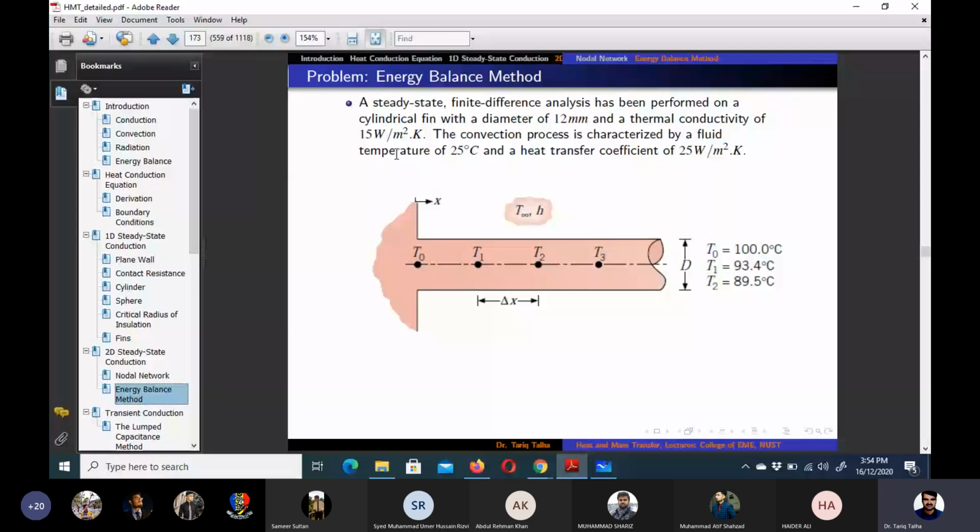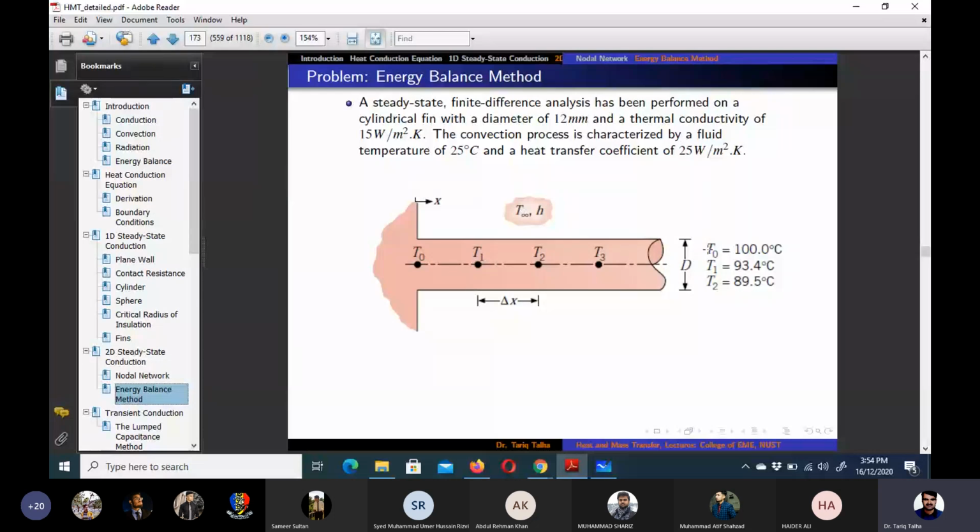The convection process is characterized by a fluid temperature of 25. It means T infinity is 25 degrees and h is 25 watt per meter square Kelvin.